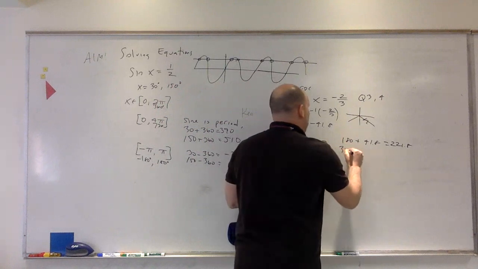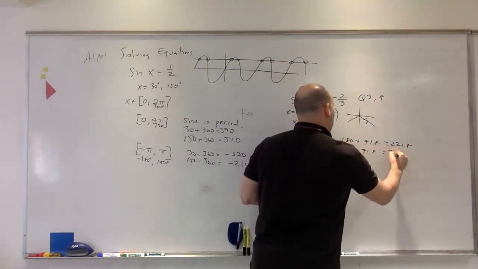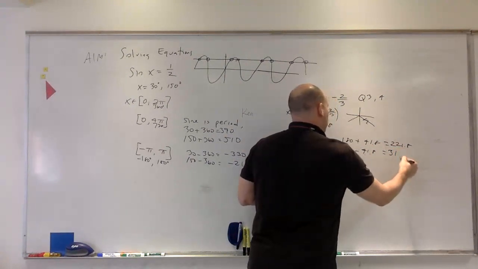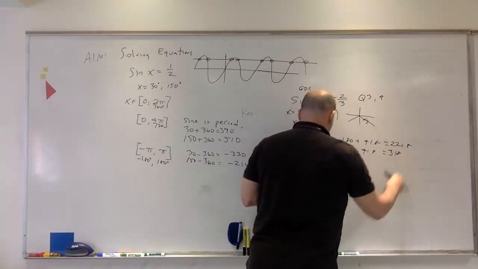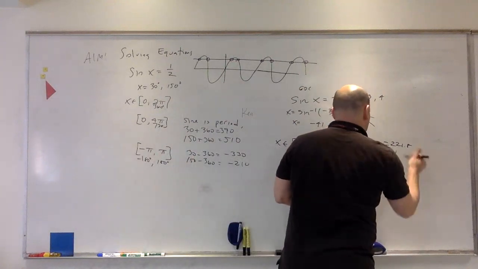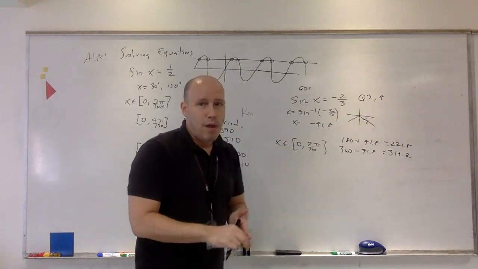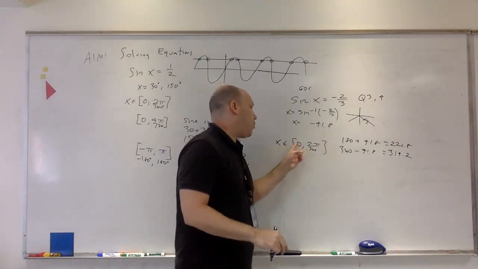So let's just do 360 minus 41.8, and we have 319.2. Okay. So those are two angles between 0 and 2 pi.